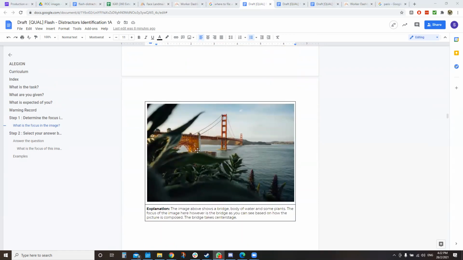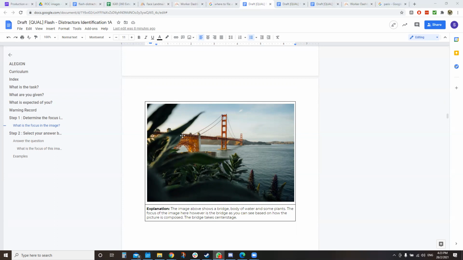Now this one, obviously, you have a bridge. And then of course there's some plants also. And again, this is a very tricky one.